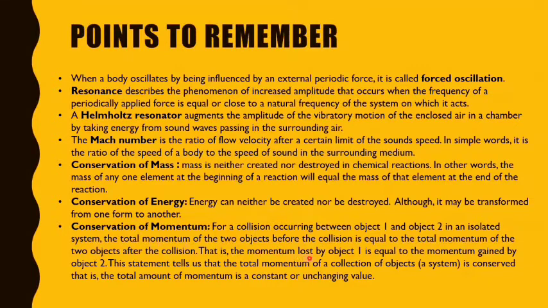That is, the momentum lost by object 1 is equal to the momentum gained by object 2. So this statement tells us that the total momentum of a collection of objects is conserved. That is, the total amount of momentum is constant, or it will not change in value.